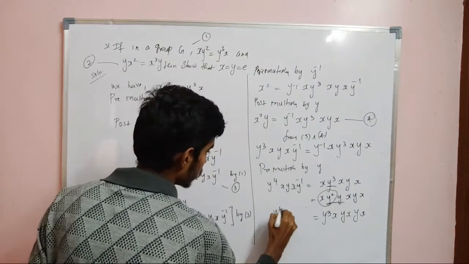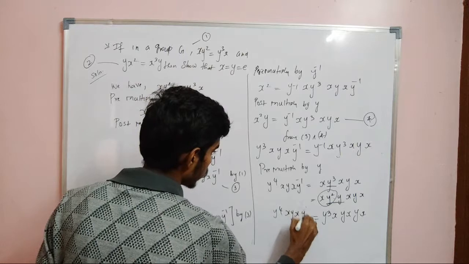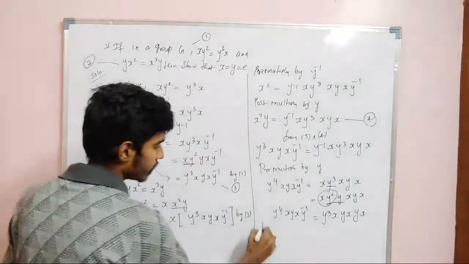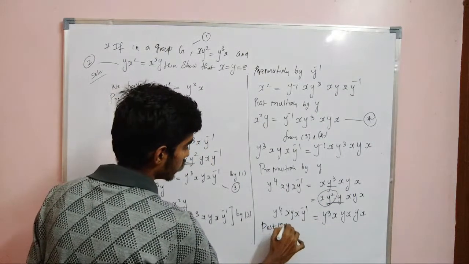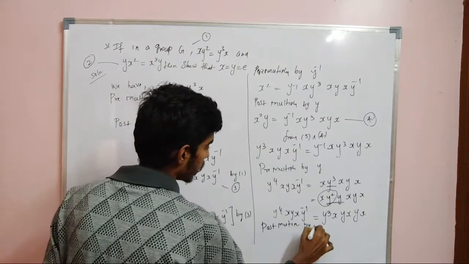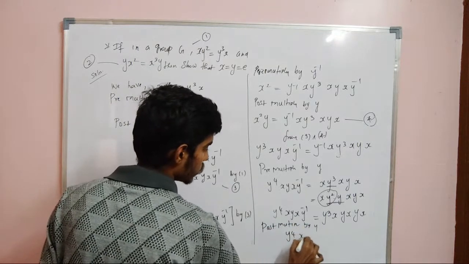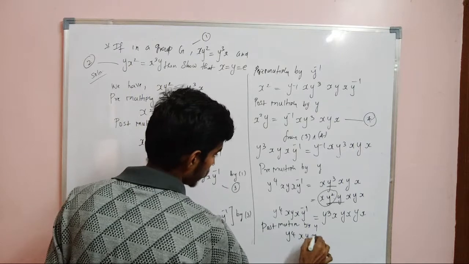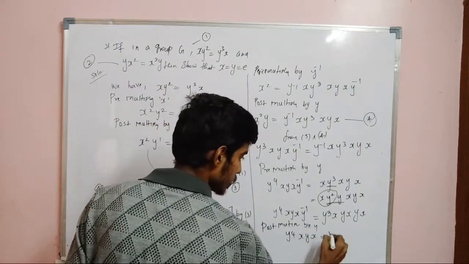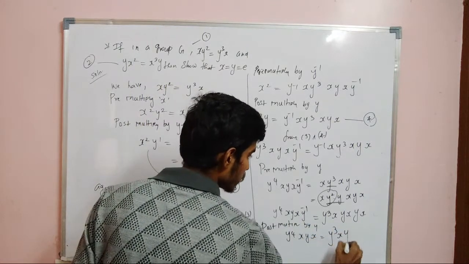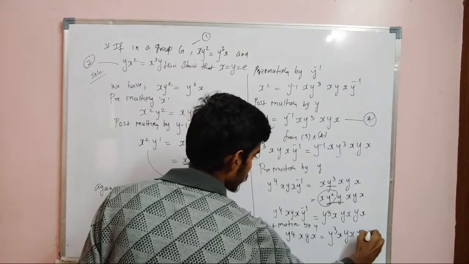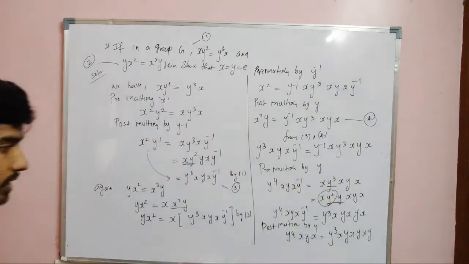So y power 4 x y x y inverse. Now I am going to post multiply by y. So this will be y power 4 x y x. This y will get vanished.